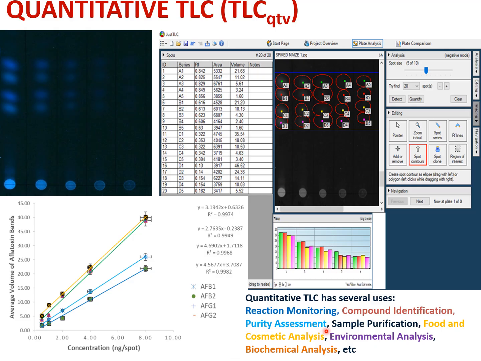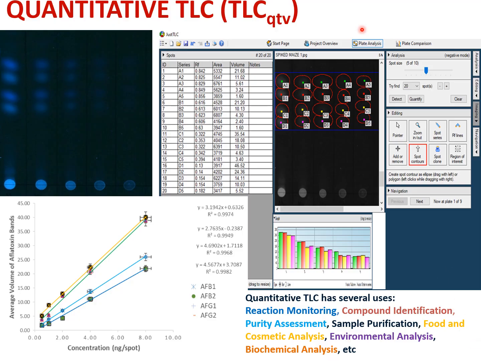It can also be applied for purity assessment to determine the number of components in a mixture and their relative concentrations. It can also be used for sample purification to separate and isolate a small amount of compounds for further analysis.